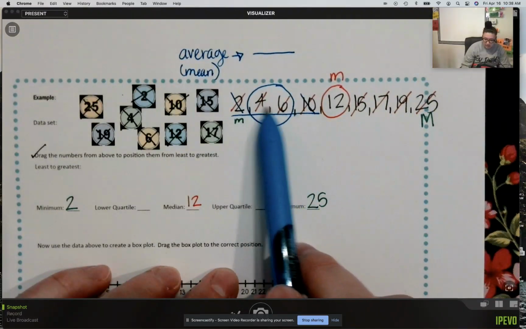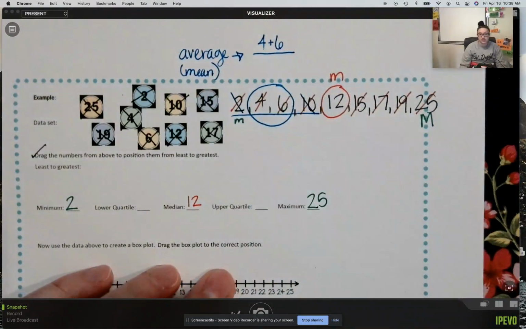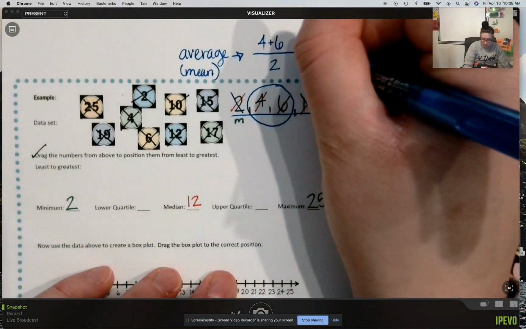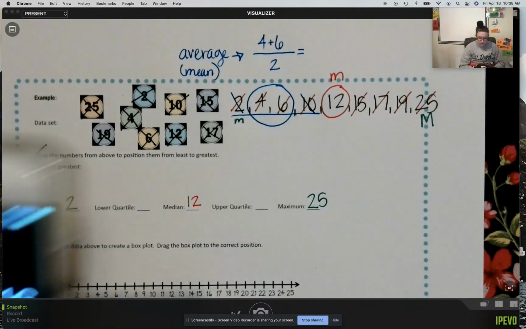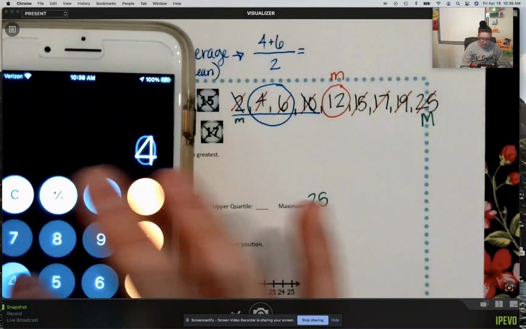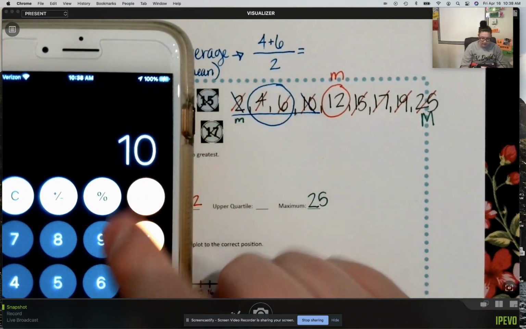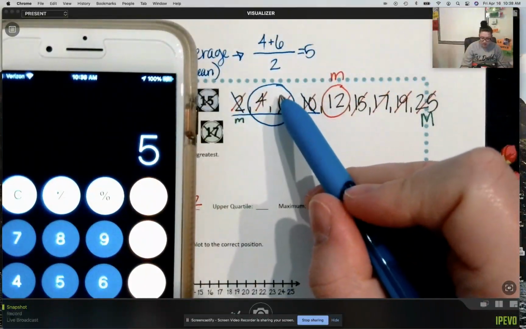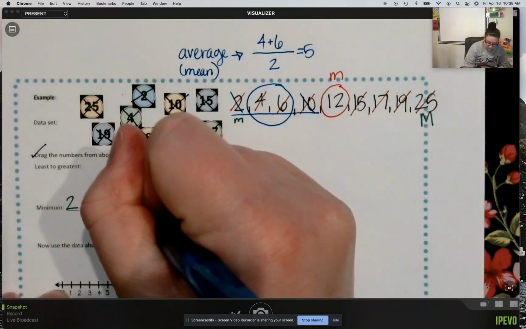So here, my two numbers are 4 and 6. I need to add 4 plus 6, and then divide by 2 because there's two numbers. So if I bust out my calculator, 4 plus 6 gives me 10, and then 10 divided by 2 gives me 5. So here, my lower quartile would be 5.